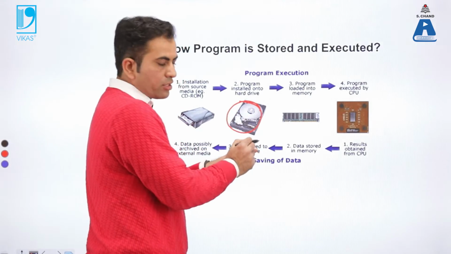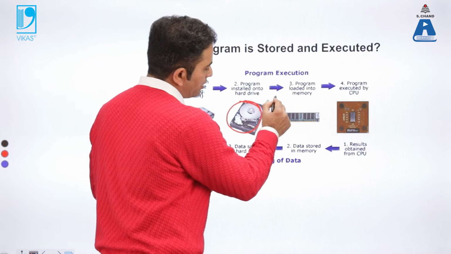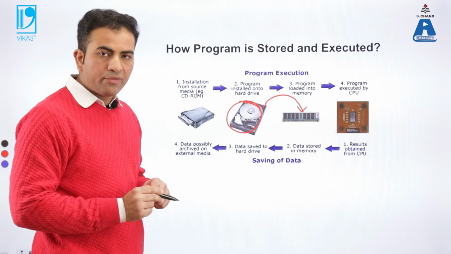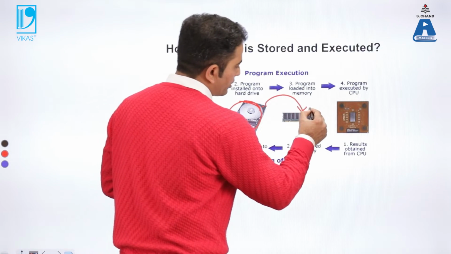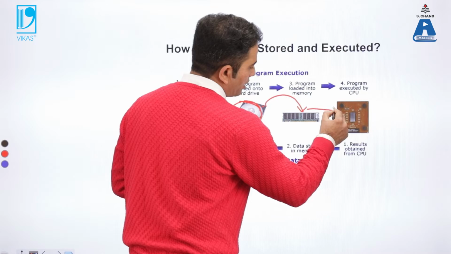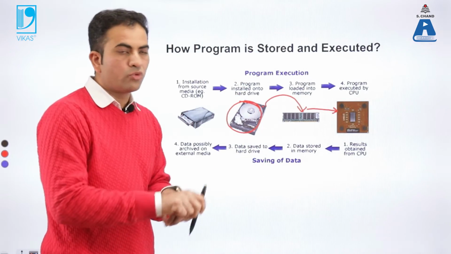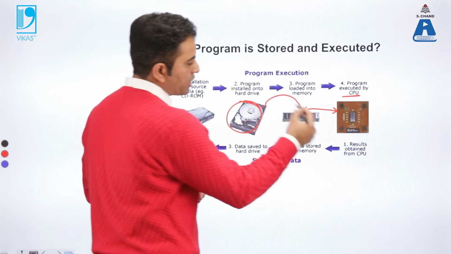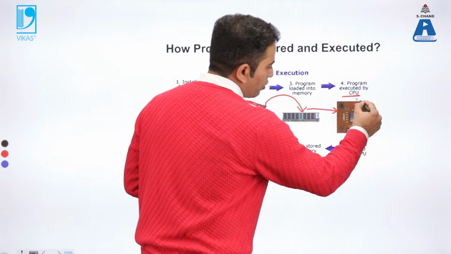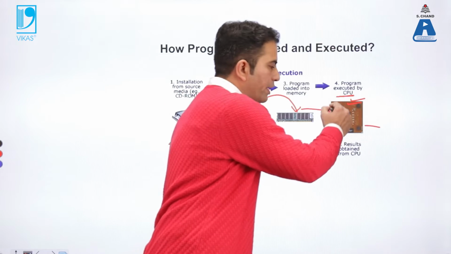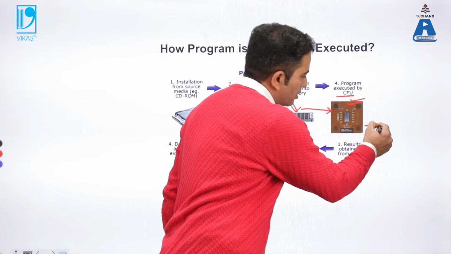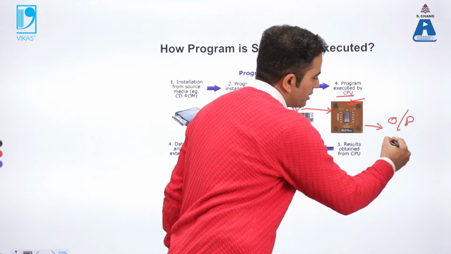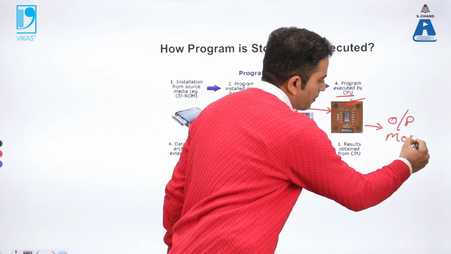The operating system loads your file inside the RAM, and from the RAM it goes into the cache memory, which is situated with the processor, or you can say CPU, and from the cache memory the CPU performs the action. When the CPU executes, the output displays on our output device, that is called the monitor.